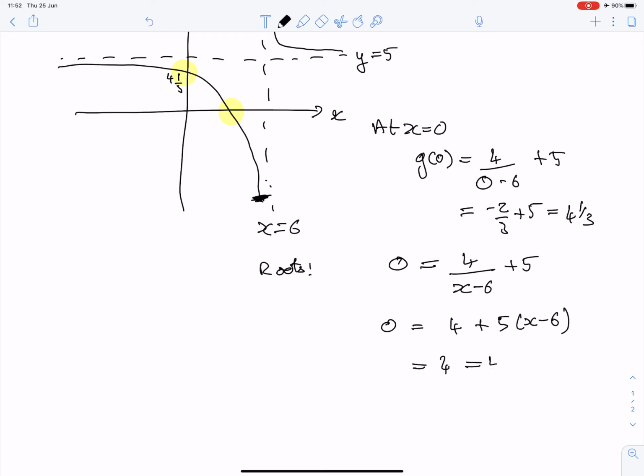Expand the bracket, plus 5x minus 30. Add the 30, subtract the 4, 26 equals 5x. So x equals 26 over 5. So that's 26 over 5, or 5 1/5.